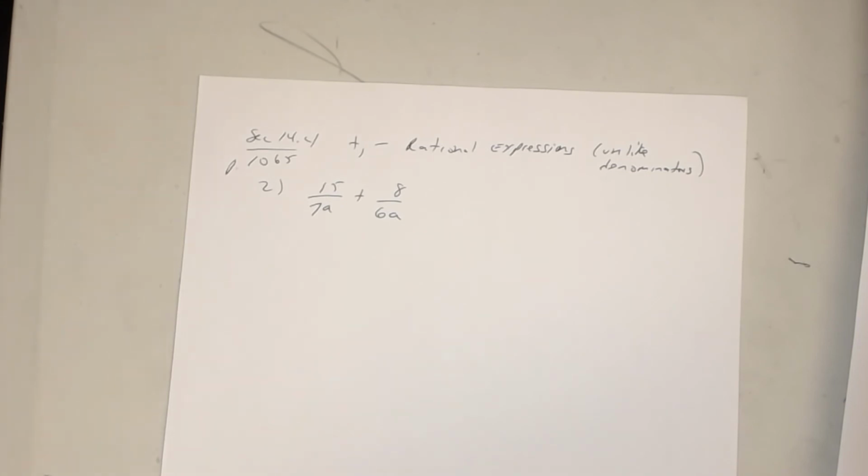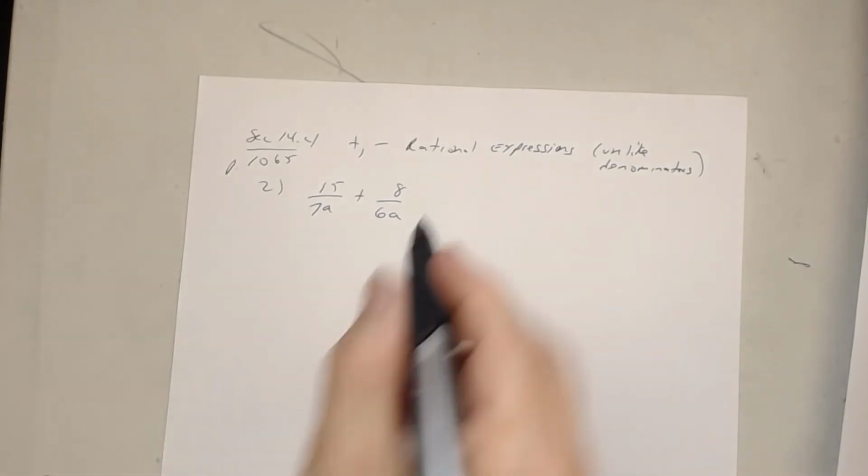Before I find the least common denominator, I've got to factor the denominators. So step 1 for adding and subtracting rational expressions with unlike denominators is to factor the denominators.